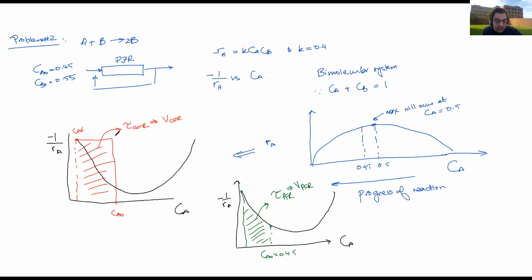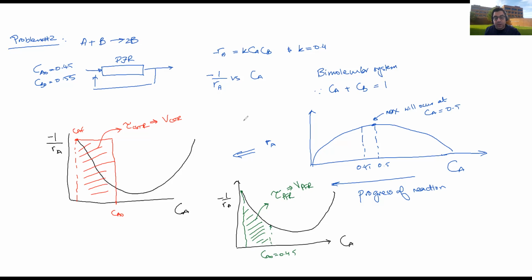And for a CSTR, your residence time, which corresponds to the volume of a CSTR, is basically the rectangle from Ca note to CAF. The area of this rectangle corresponds to your residence time and your volume. Whereas for a PFR, the area under the curve corresponds to the residence time, which also corresponds to the volume of a PFR.